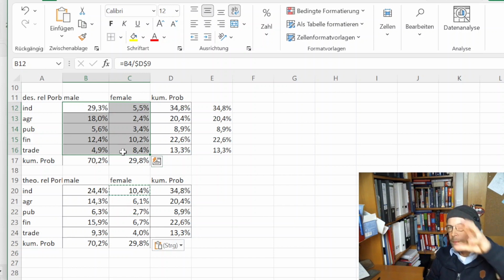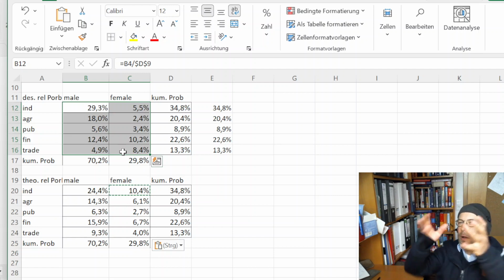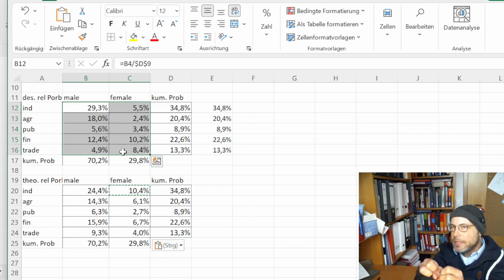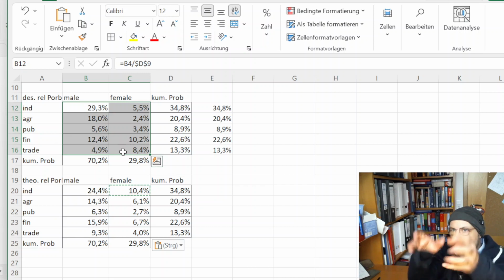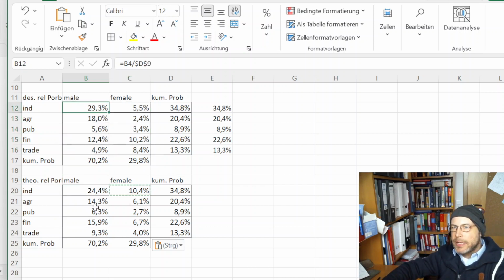Then from this table, we pose the question, what is the probability, to a level of let's say 95%, that our two attributes are really statistically independent. But right now we are just in the descriptive analysis, and here we have the first look, and we just say, well, do these numbers coincide or not?